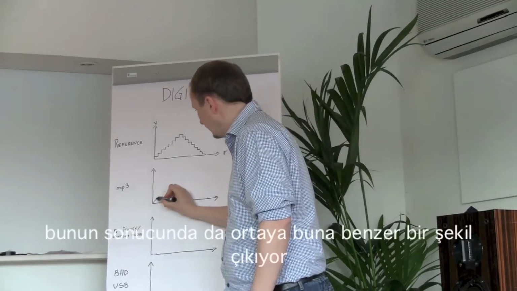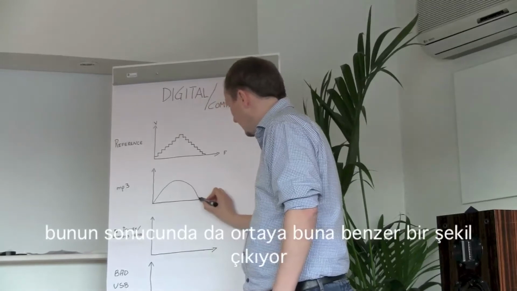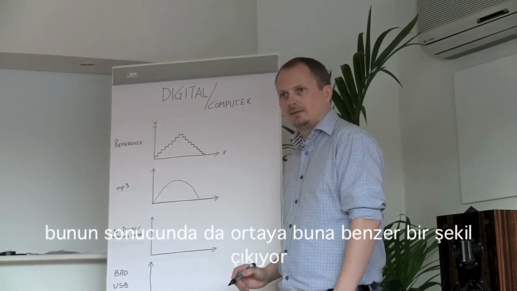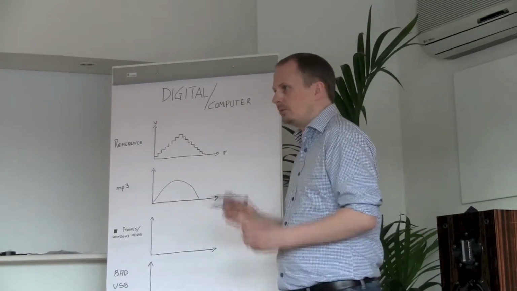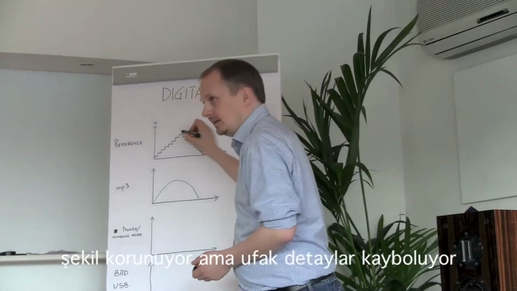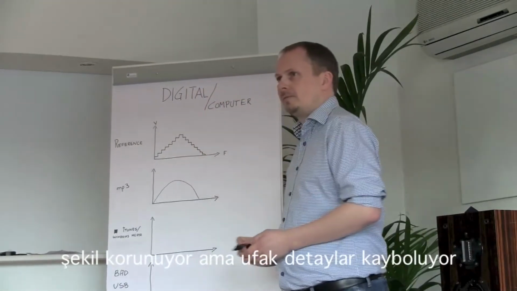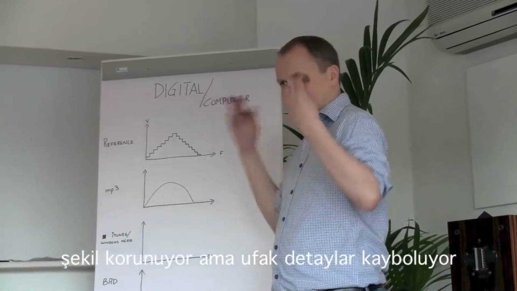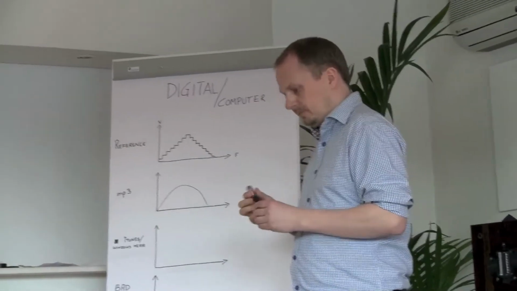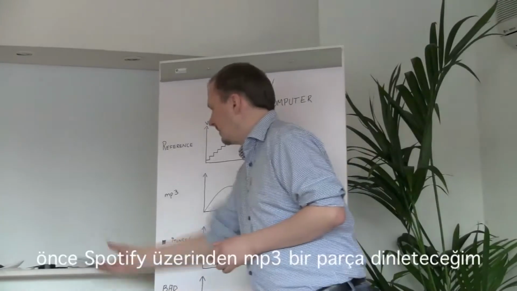So what you end up with is the same shape in MP3, but it's about like this. That is what happens. You take away the tiny details, but still keep the shape. So you still hear the song. This is a very easy one.